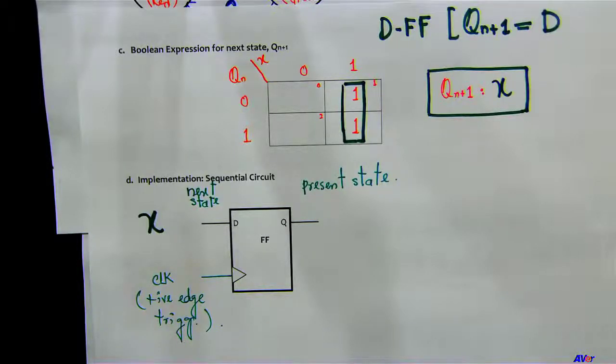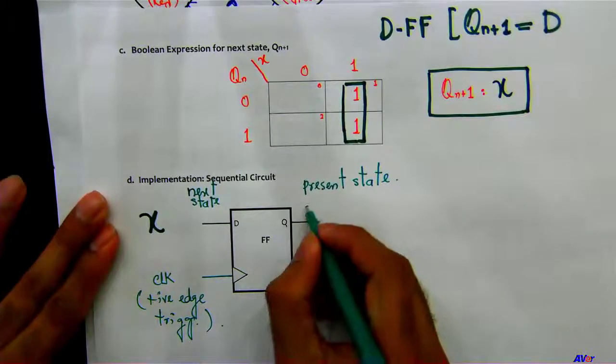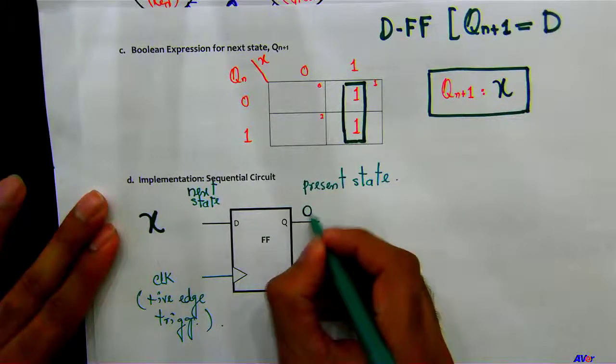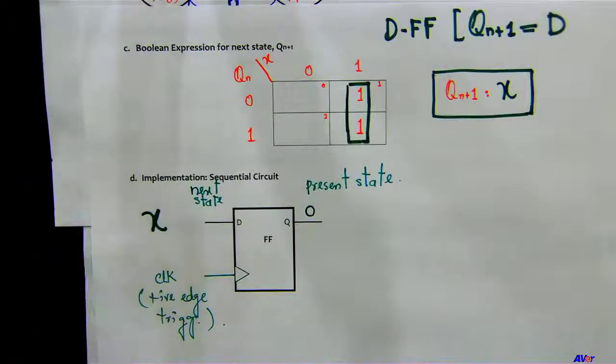Okay, all right. How about the red light and green light? Say present state is 0. What light should turn on? Yes. Red light.